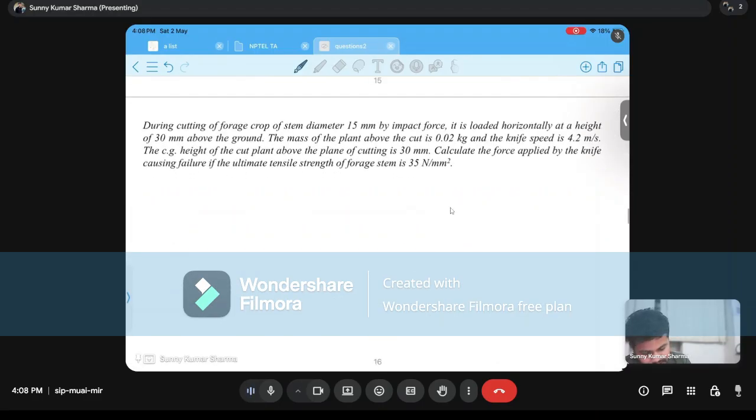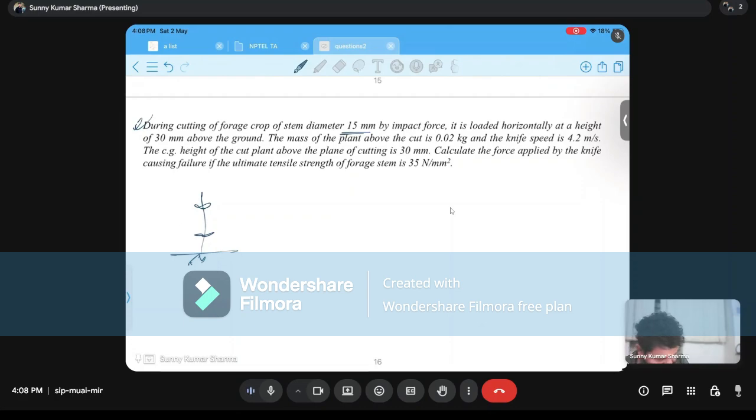The next question is, during cutting of a crop of stem diameter 15 mm by impact force, it is loaded horizontally at a height of 30 mm above ground.